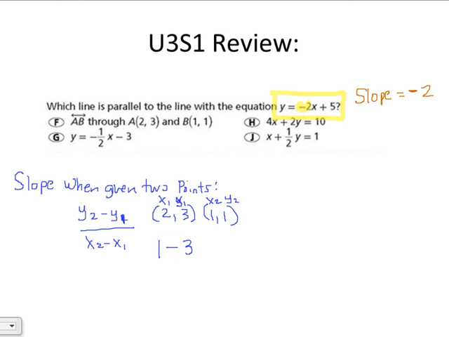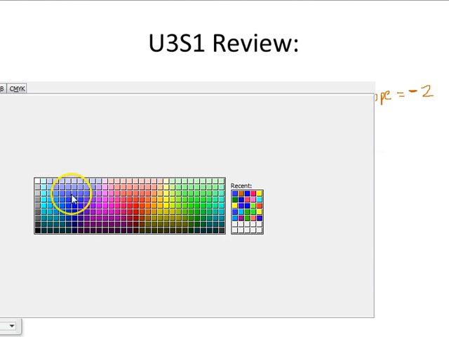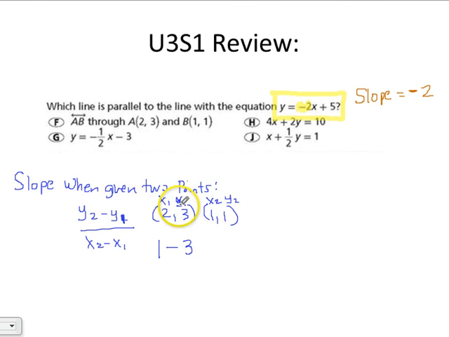Let's color code that, since this should be review. You're going to subtract your y2 minus your y1. That's how I got 1 minus the 3. And then we divide that by, we're going to do the same thing: we take our second x coordinate and subtract our first x coordinate.